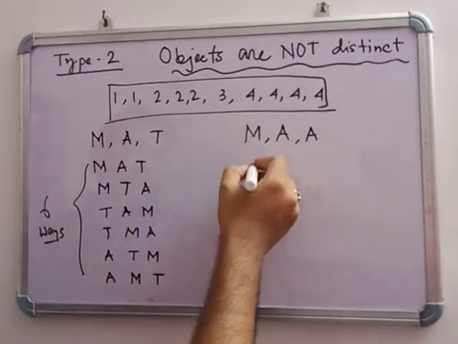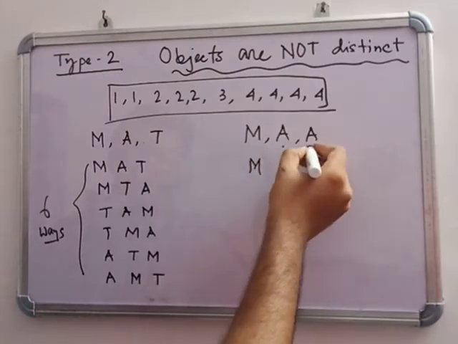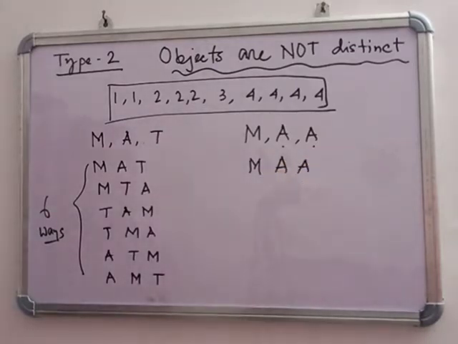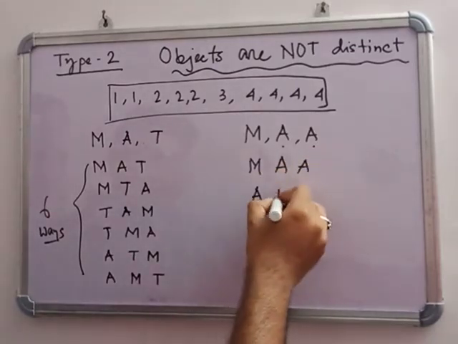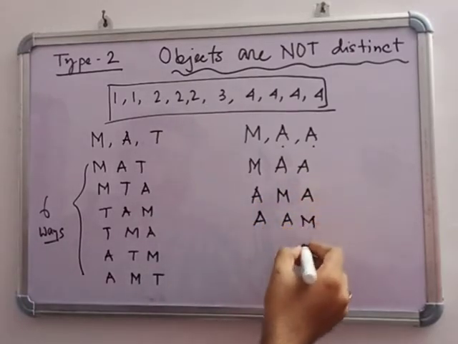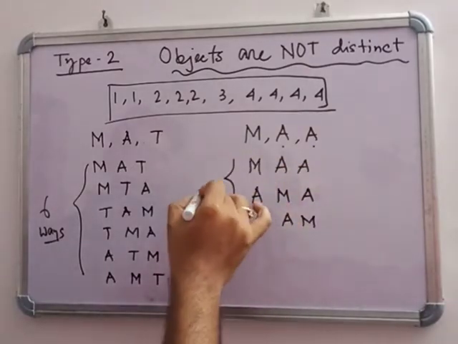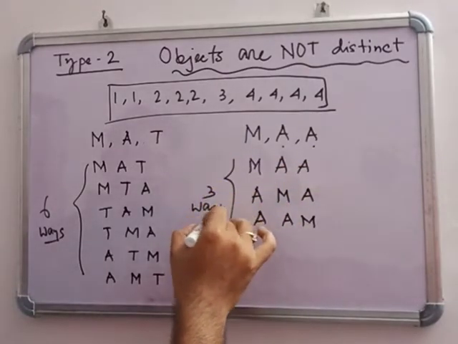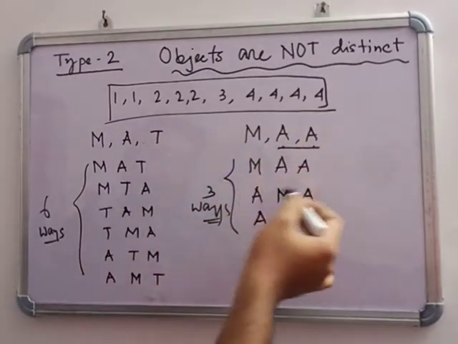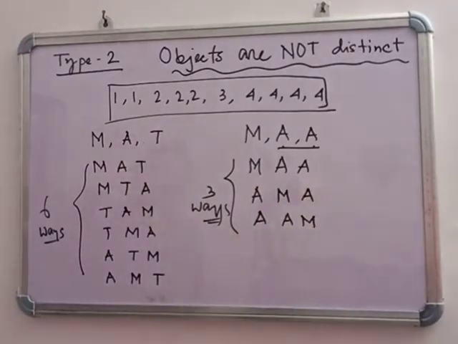See that: M, then double A, similarly A, M, A, and A, A, M. So only 3 arrangements will be there when we are working with the same kind of letters. That means the count is reduced. Now we are going through some examples to make this crystal clear.